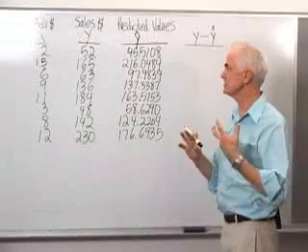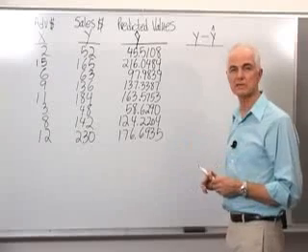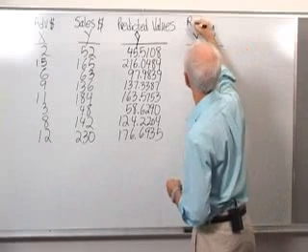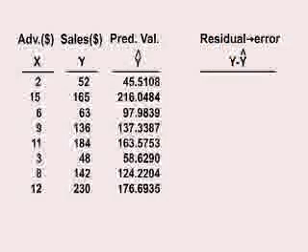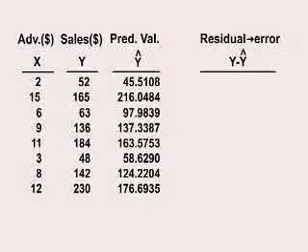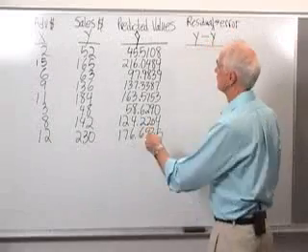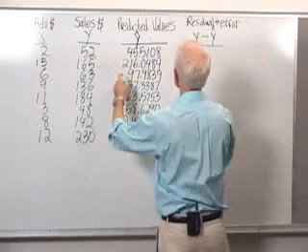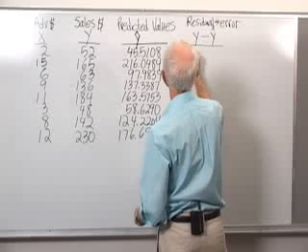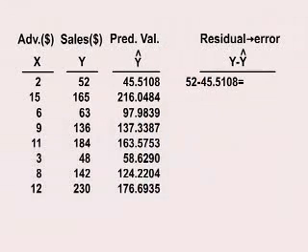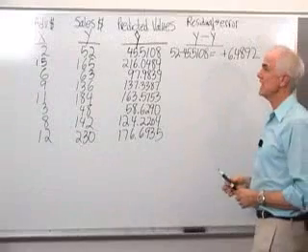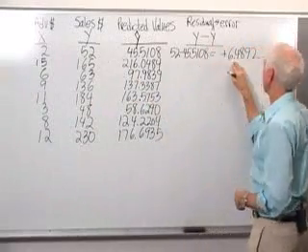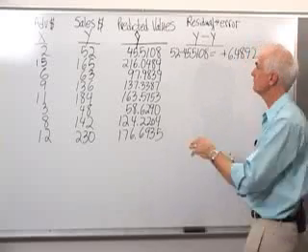The difference between these two has a very special name, and it's called a residual, or an error in the regression model. So for example, in this first one, if we take 52 minus 45.5108, we obtain a value of plus 6.4892.